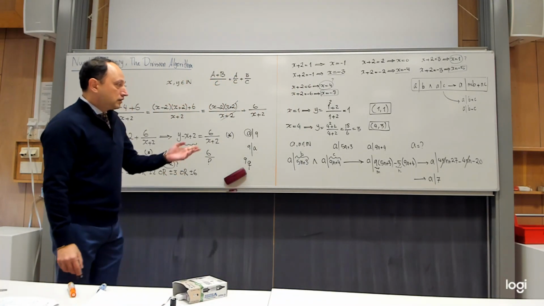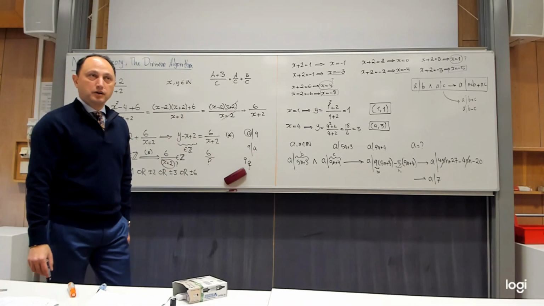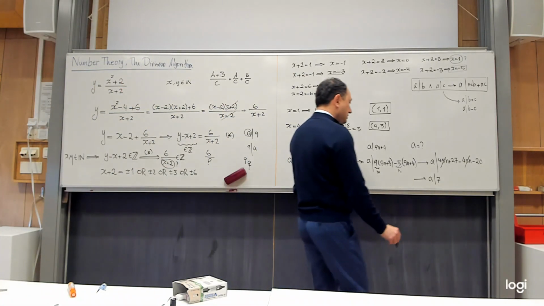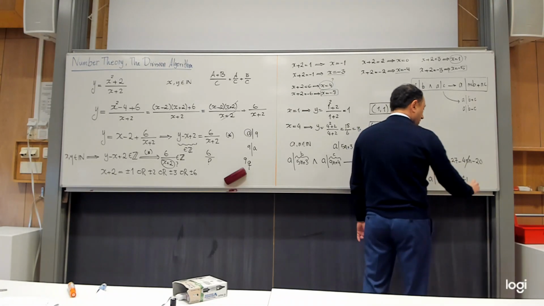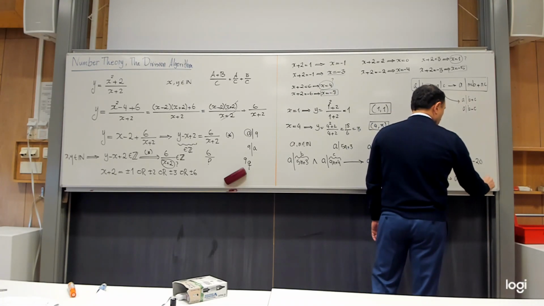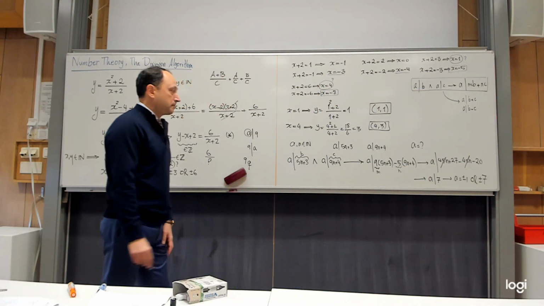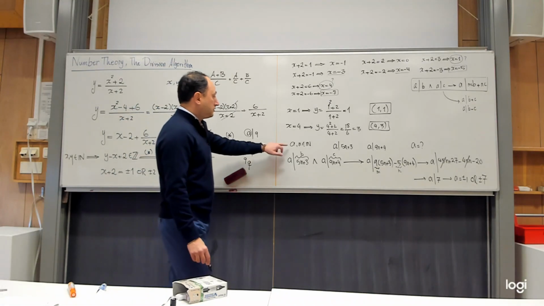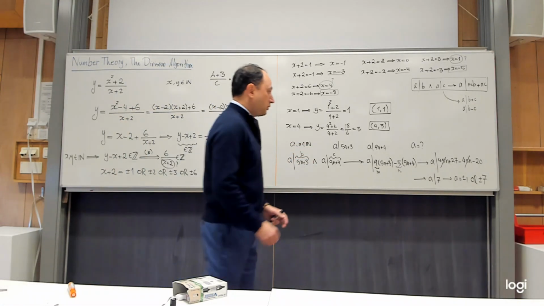And then there are not that many options for A. I want 7 to be divisible by A. So what are the only choices for A? Plus or minus 1 or plus or minus 7. So these are the only choices for A. But I have demanded natural numbers, so I just throw away the negative ones.